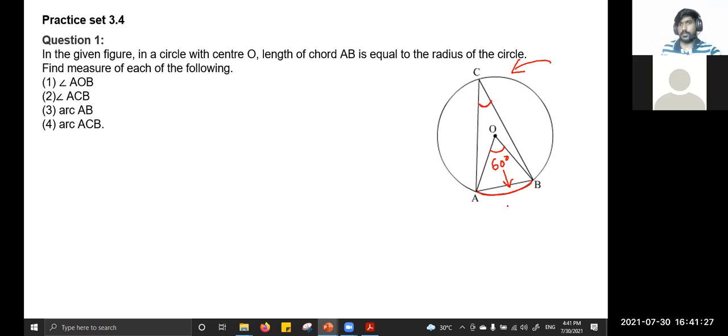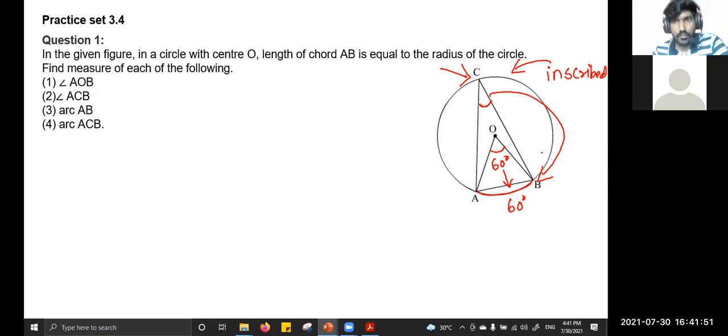Angle AOB is 60 degrees. And now angle ACB, this angle, is the inscribed angle. So it will be half of this, so it will be 30 degrees.